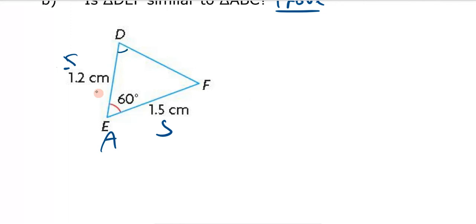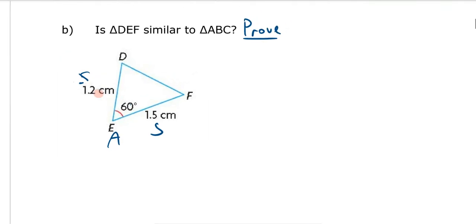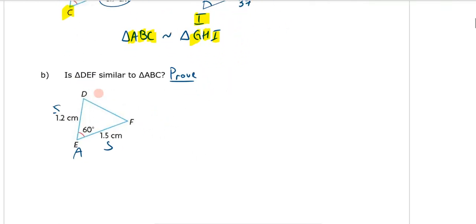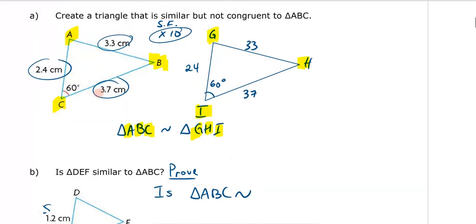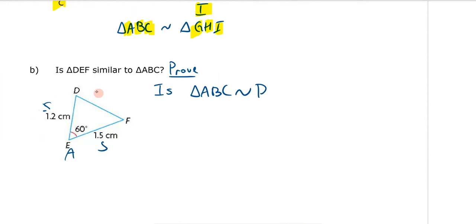Right? If I had angle D here, then it wouldn't work. If I had angle D but not 60, then I couldn't prove it. But I have the angle between them, so I can. So the way I do this is by looking at a similarity statement. So is triangle ABC similar to triangle DFE?